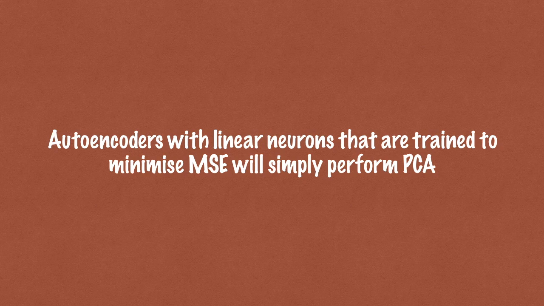Autoencoders, which have linear neurons in their hidden layers and are trained to minimize the mean square error, will simply perform principal components analysis. And we'll see exactly how this works. In fact, we'll prove that these autoencoders perform the principal components analysis in a demo that's coming up.